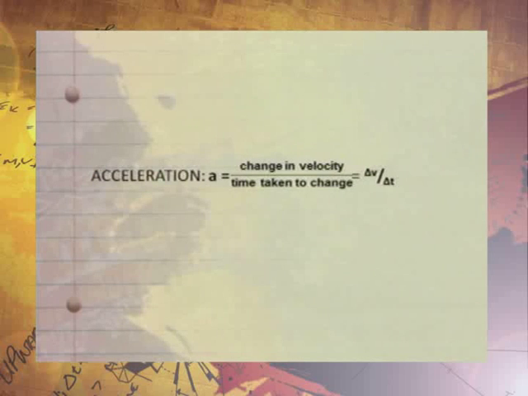Let's just quickly look at this. So by virtue of what we have been speaking about, we would then know that change in velocity divided by change in time would be acceleration.